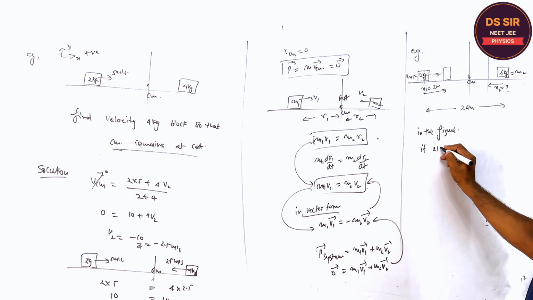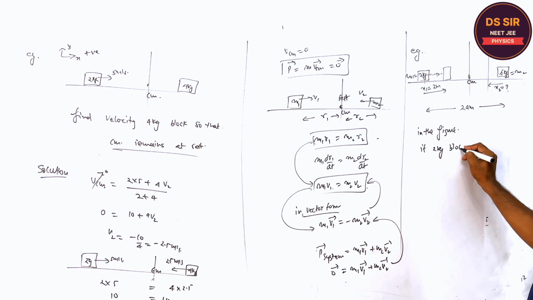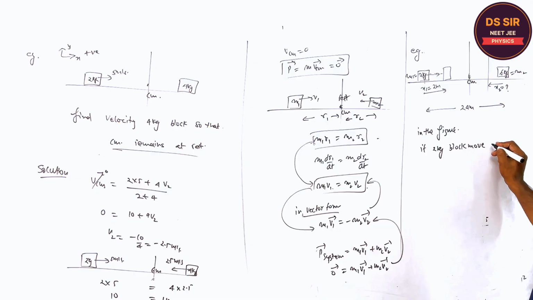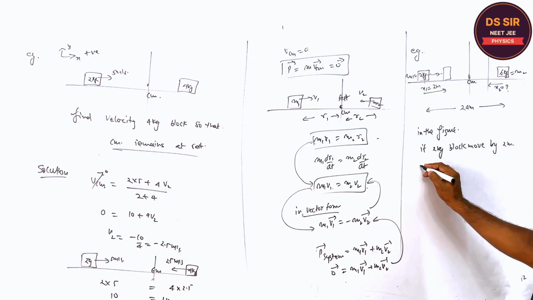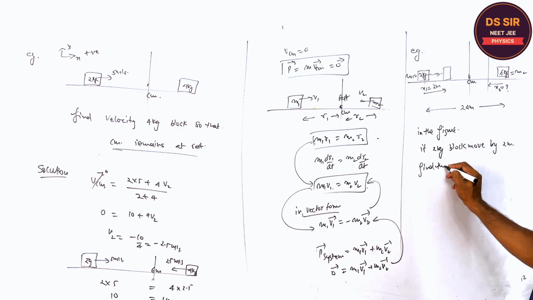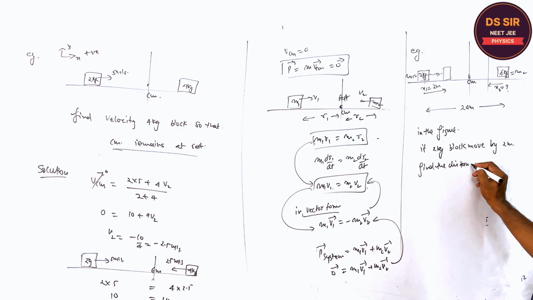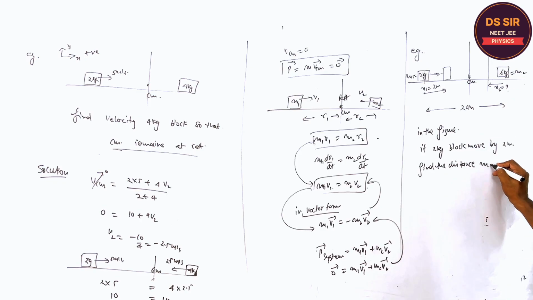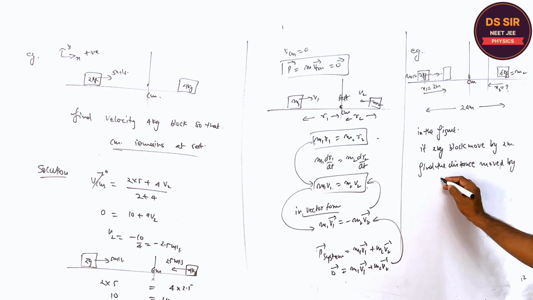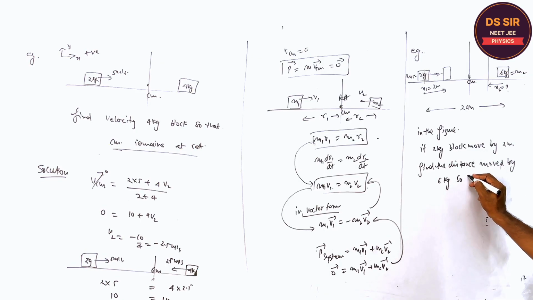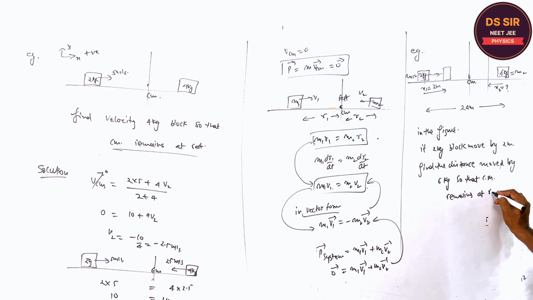If the 2 kg block moves by 2 meter, find the distance moved by the 6 kg block so that the center of mass remains at rest.